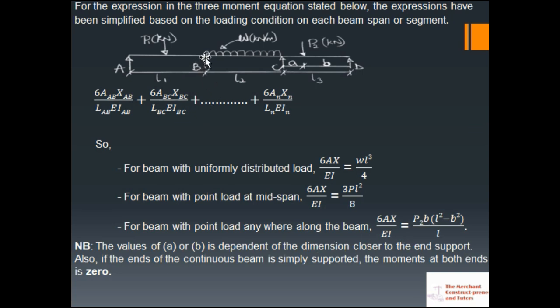If I'm considering span BCD, where I have the point load that is not centralized, here is the load P, B is the distance to the end support, then L squared minus B squared over L. Assuming this portion was around here, I'm considering BCD, A will not be used because A is not closer to the end support. I hope you understand this. Just take time to understand what I just explained.